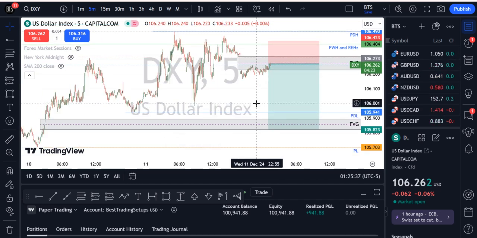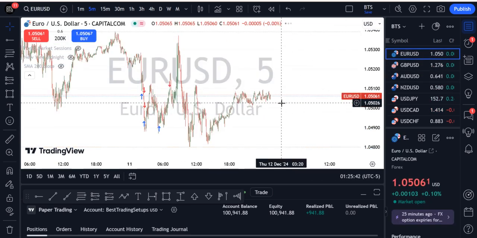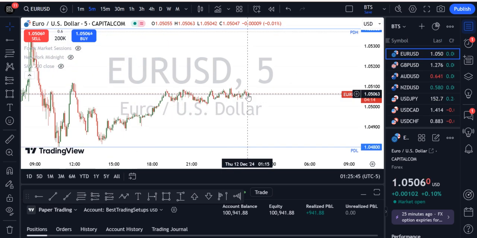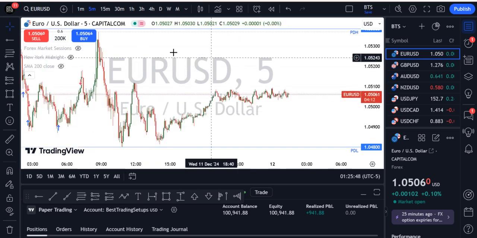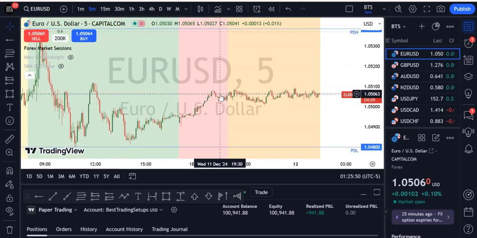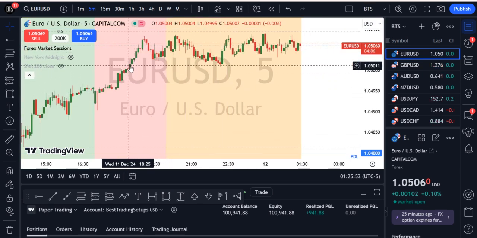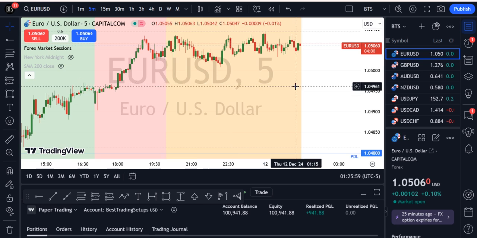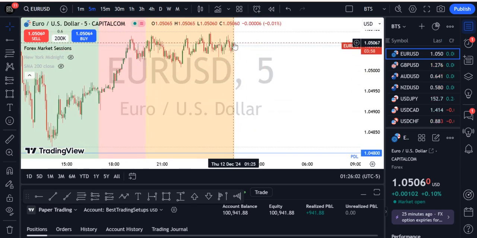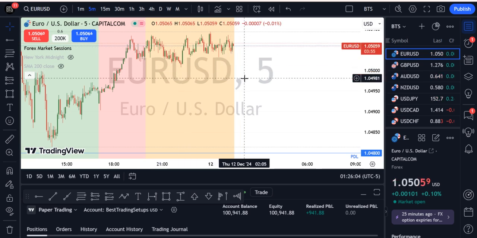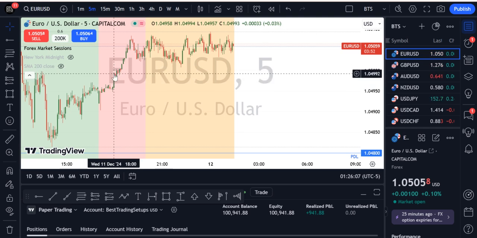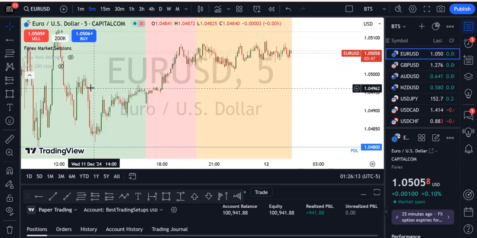So if I want to see DXY go lower, then I should be expecting Euro USD also to go lower. As you can see, we started our day and tapped into this imbalance here. We could see price sweep this low quickly, then we pick our buy on this 5 minute order block, and as you can see, it's overlapping with this also.